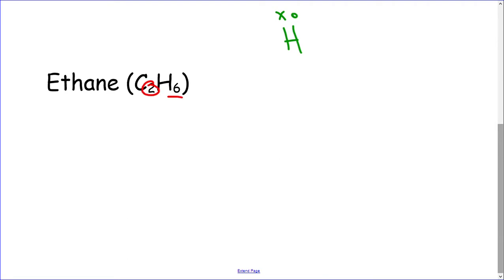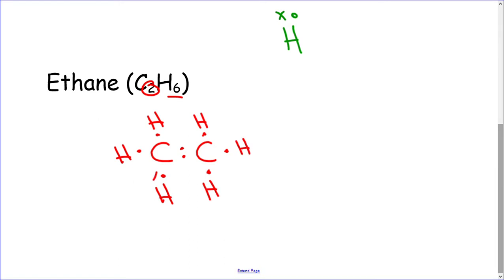So I start off with my carbons, and each of those carbons have 4. And then my hydrogens have to start to come in. Well, the middle part is already done for me. So if I just look at the empty valence electrons that are looking for pairs, I can see that I'll end up actually having 6 hydrogens going around them.